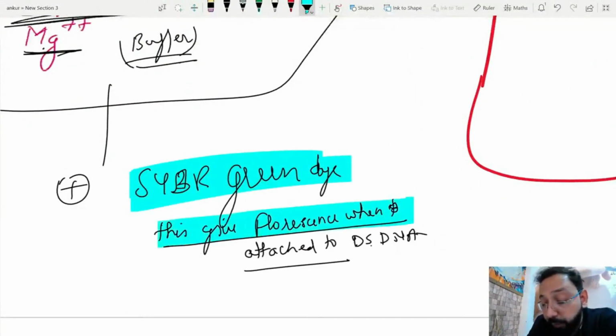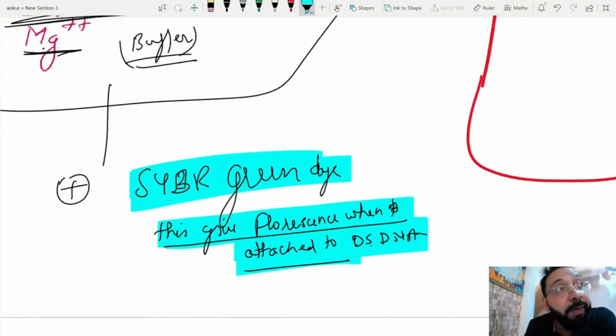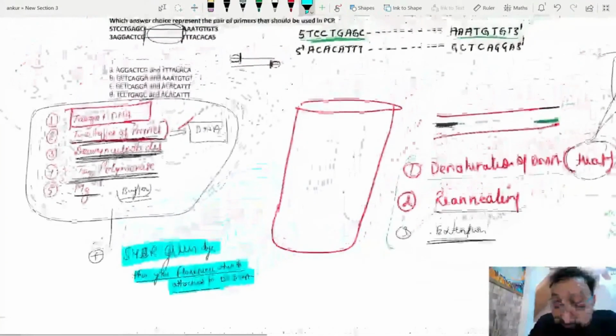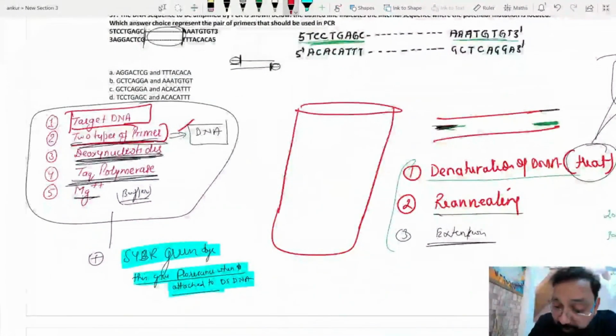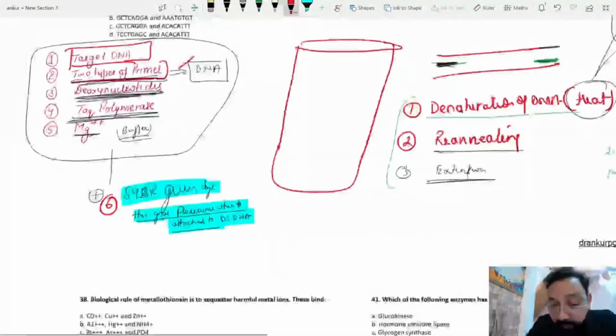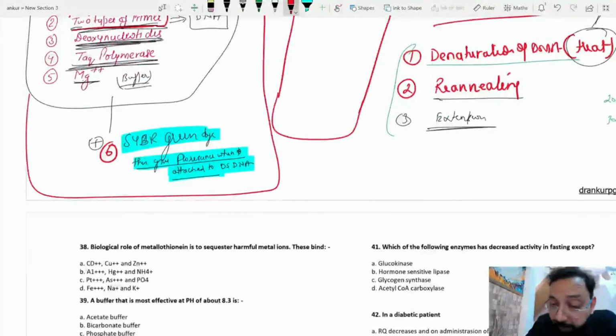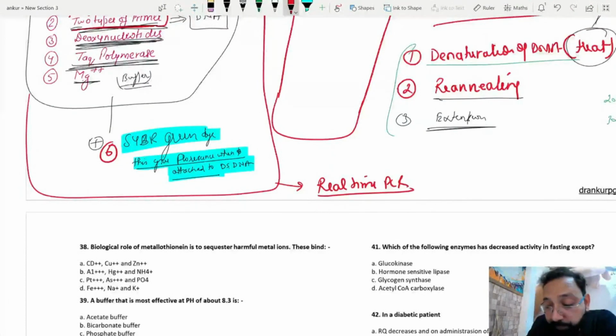Cyber green dye gives fluorescence when attached to double stranded DNA. Normally it doesn't give, but when attached to double stranded DNA, it gives fluorescence. So I added this sixth thing, and now this normal PCR becomes real time PCR.